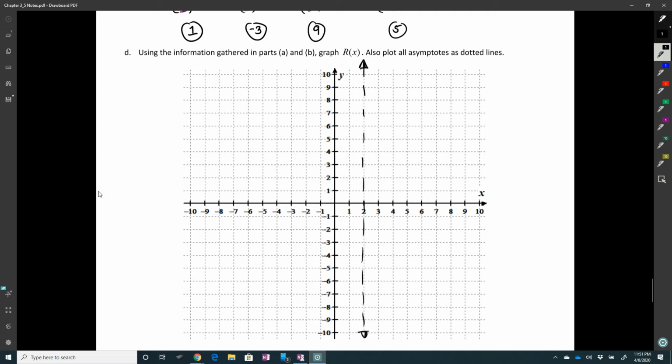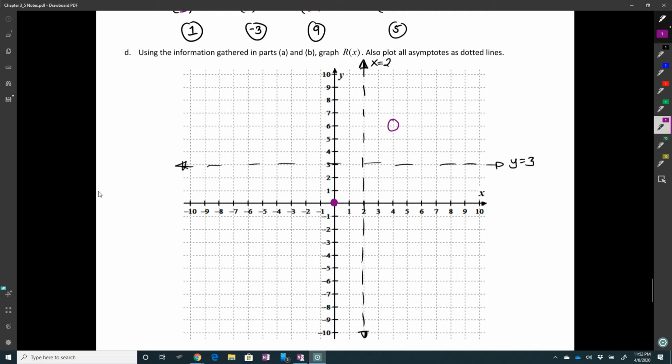That's x equals 2. Now y equals 3 is over here. We know the x-intercept. So my x-intercept was 0, 0. And I know that there's a hole at the point 4, 6.